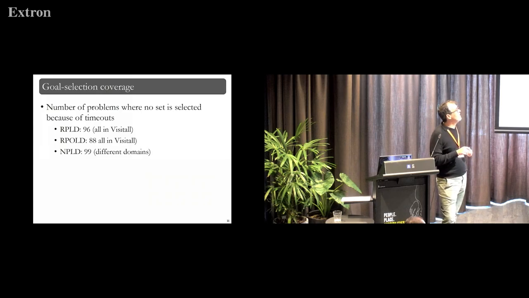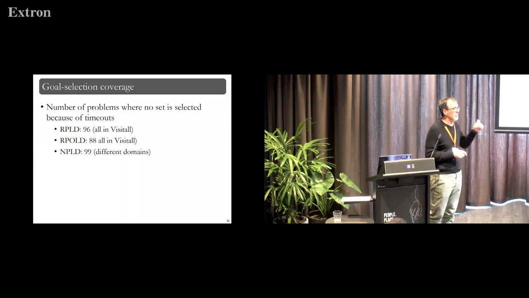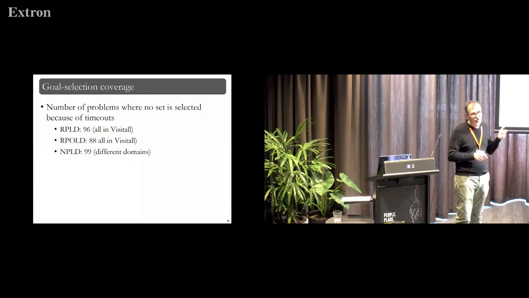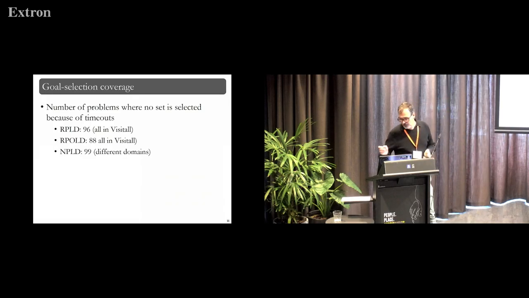It's reduced to 88, and if we use satisficing calculations, it increases to 99 problems because those estimations take more time, even if we are doing them in a lazy way, and not all of them are happening in the VCTOL. Some of them are happening also in the open stacks and in the elevators, where the planner, in some cases, is struggling to find plans, even if they are one-goal plans.